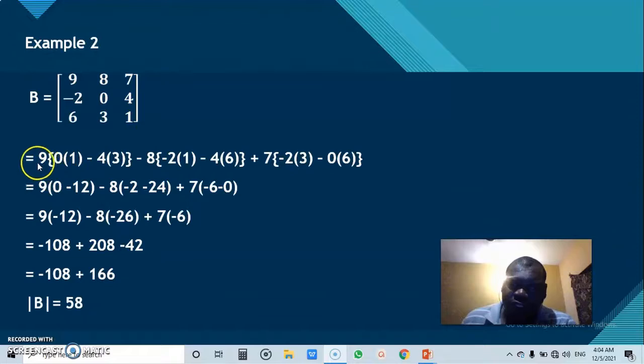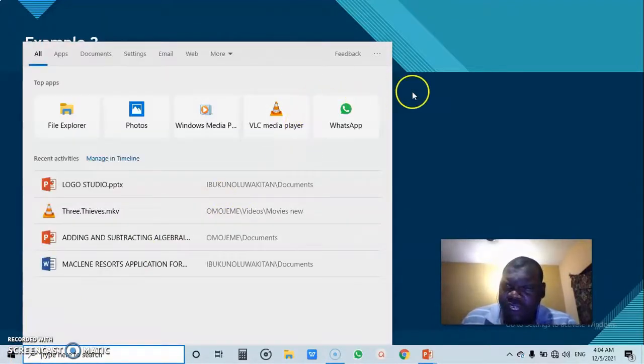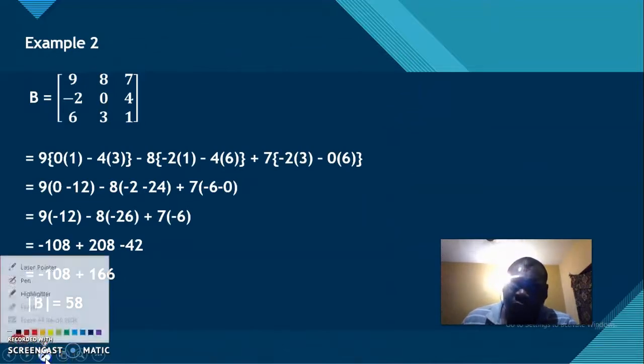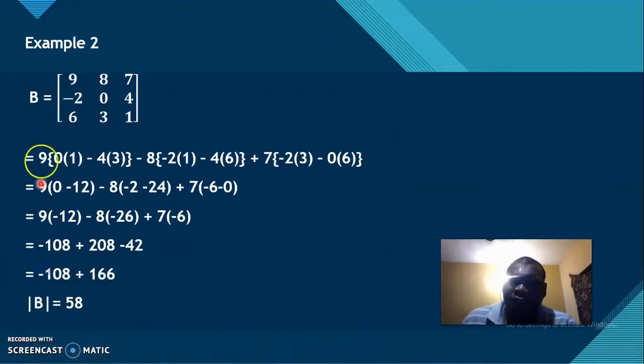So now what we have is 9. Once 9 is eliminated, this first column is eliminated and first row is eliminated.